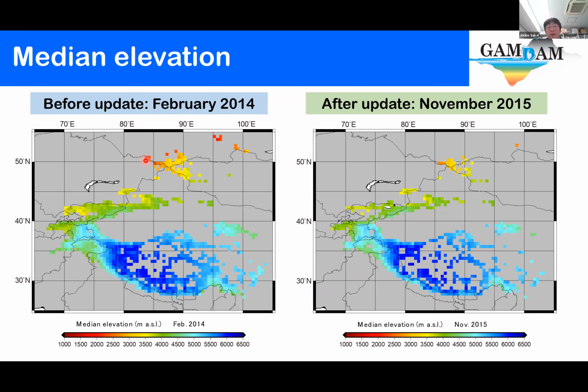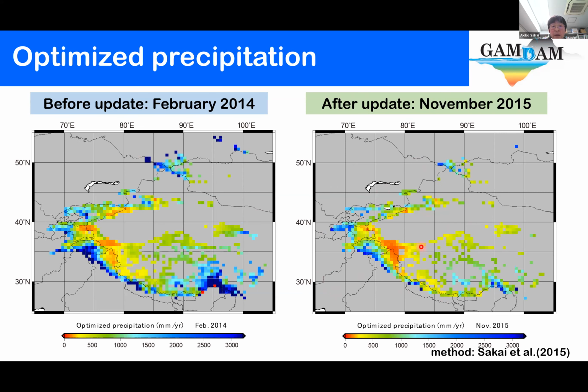Overall, it seemed there is not so much difference before and after the update. Using these median elevations, I have estimated optimized precipitation at each median elevation. So this is the optimized precipitation based on the previous median elevations.